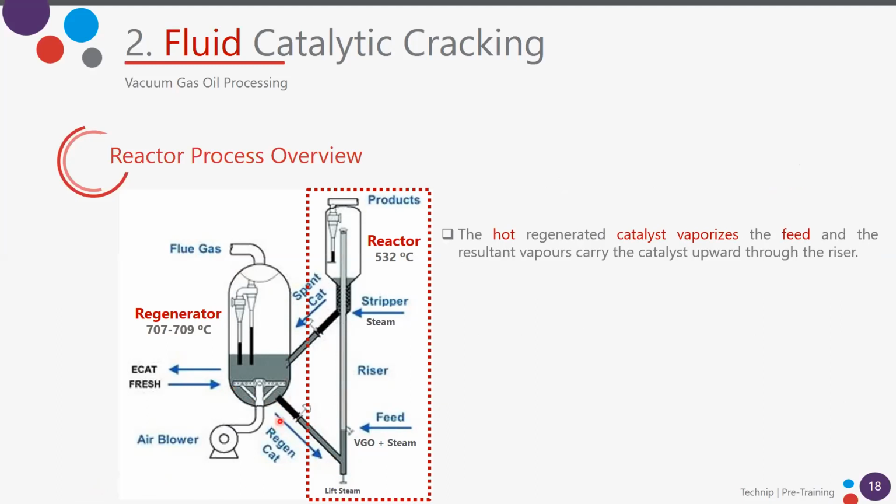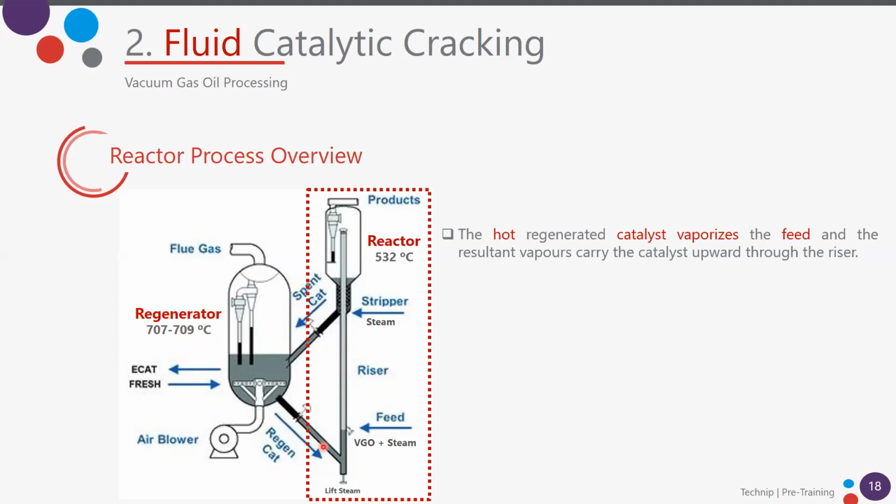We call it regenerated catalyst, without coke or with a very small amount of coke, because we have already burned off the coke in the regenerator. But we also have a catalyst with high temperature, without coke and very hot at the temperature at which the regenerator works.